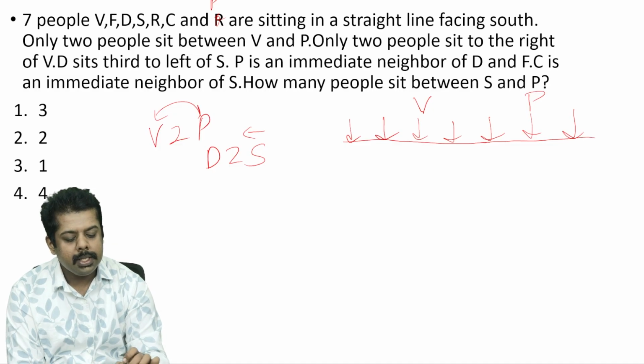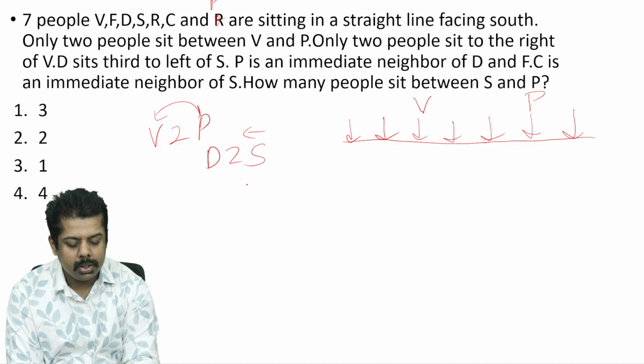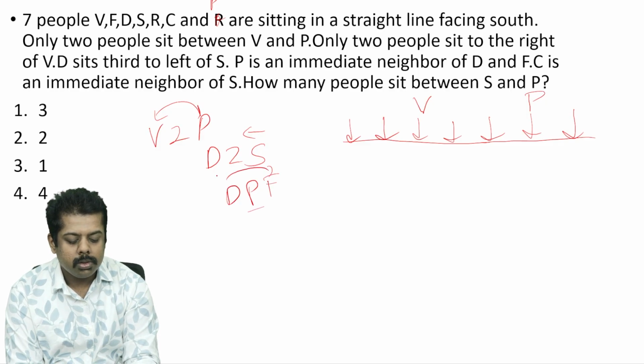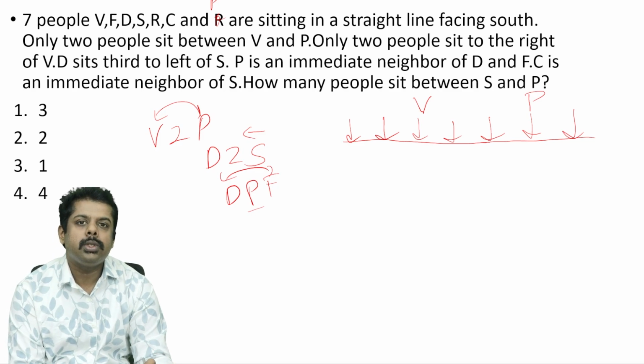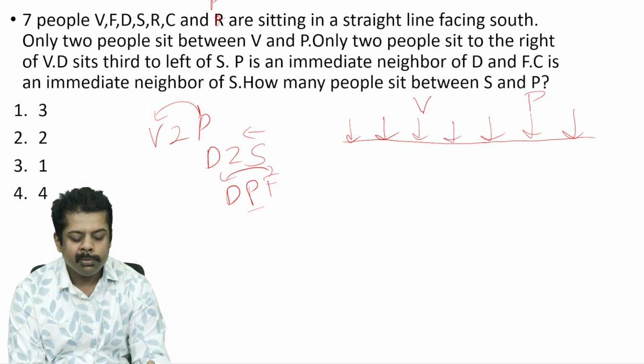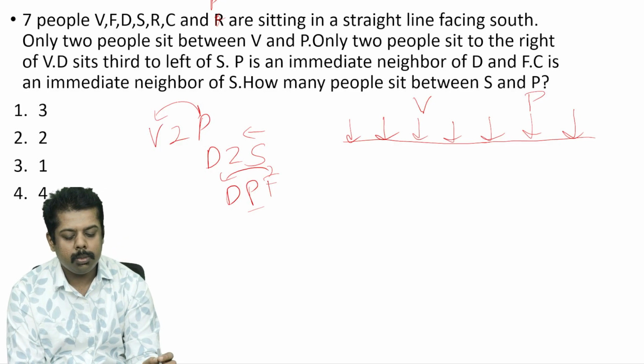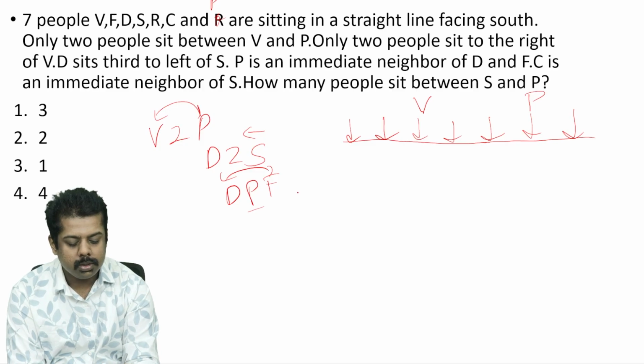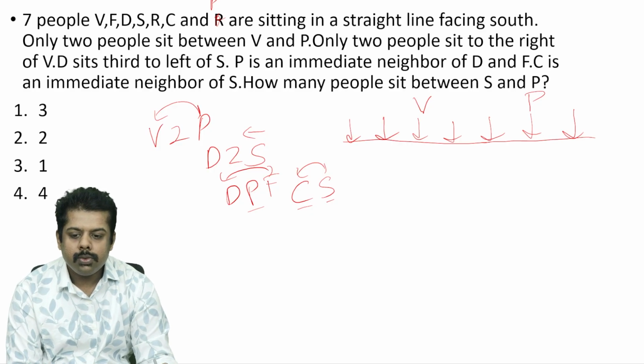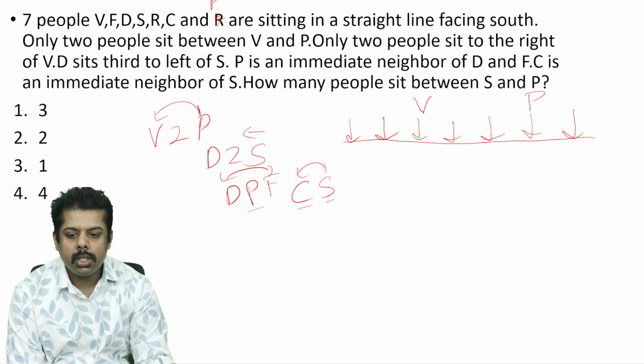Another point: P is an immediate neighbor of D and F. So P is a neighbor of both D and F. The positions of D and F could change, but P is between them. That is sure. Now moving on to the last point they have given: C and S are immediate neighbors. So that point as well we know. We have understood basically.